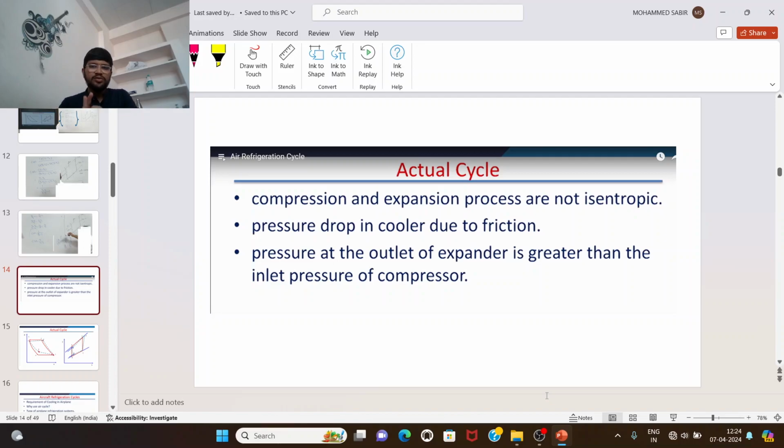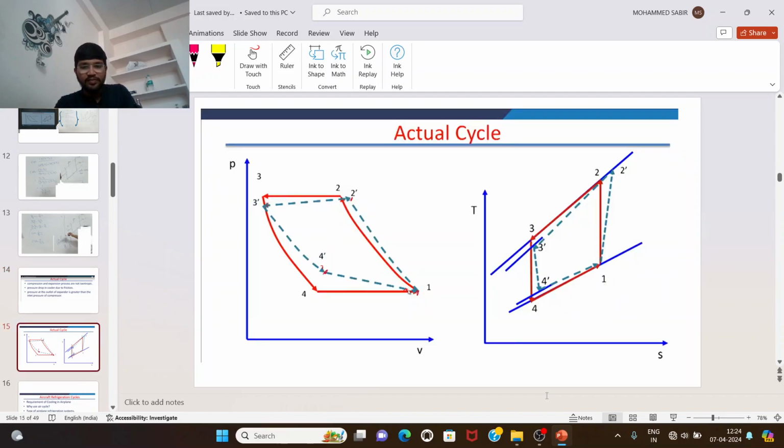Compression and expansion processes are not isentropic. There is a pressure drop in the cooler due to friction. The pressure at the outlet of the expander is greater than the inlet pressure of the compressor. It's a basic thing.